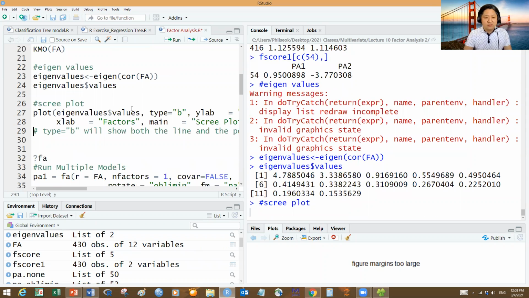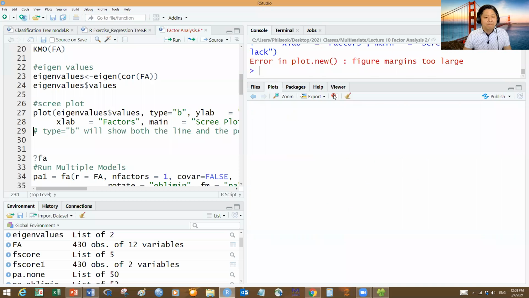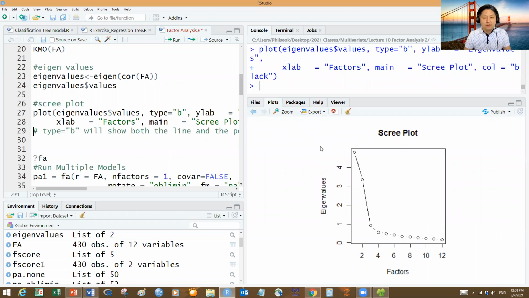Then you can plot the scree plot. We need to find the elbow point. Here is the elbow point. The first factor has an eigenvalue of 4.8 something. Then the second factor dropped a lot, and then it starts to flatten.